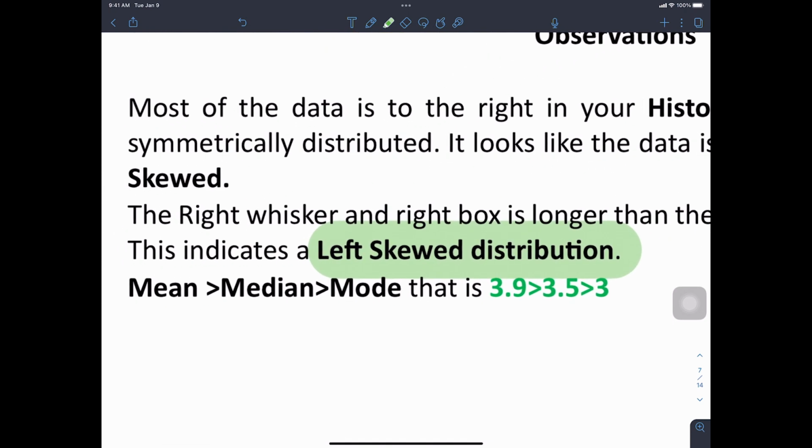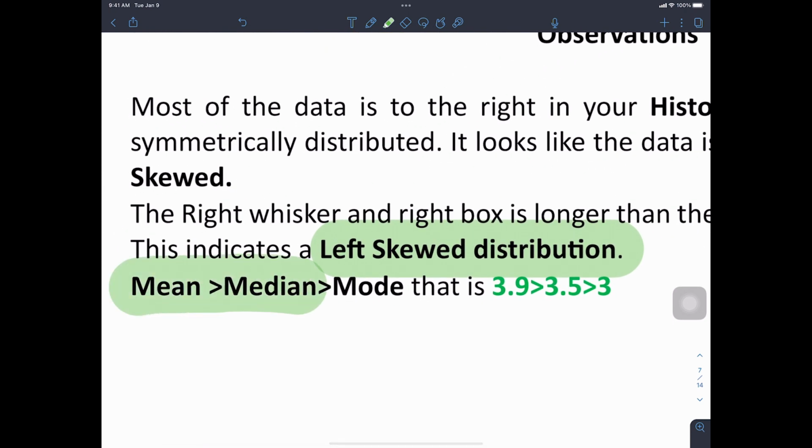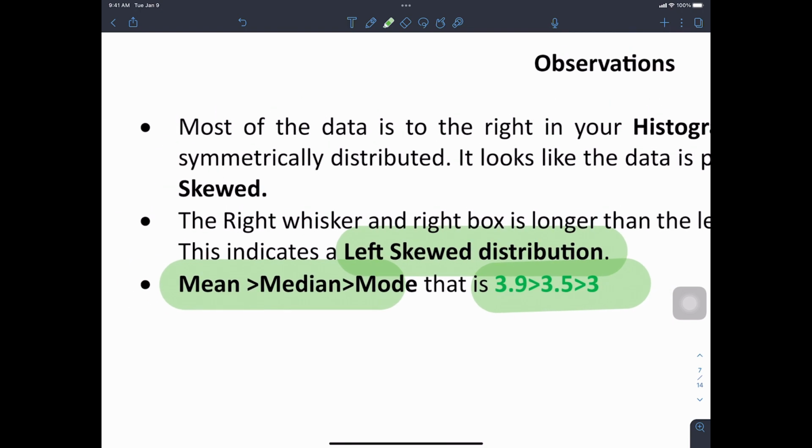And what you should see, traditionally speaking, is the mean is bigger than the median, bigger than the mode, and it is: 3.9 versus 3.5 and 3.3. So that's a pretty good picture. It doesn't always happen, but that's pretty good. All right, you guys okay with that?